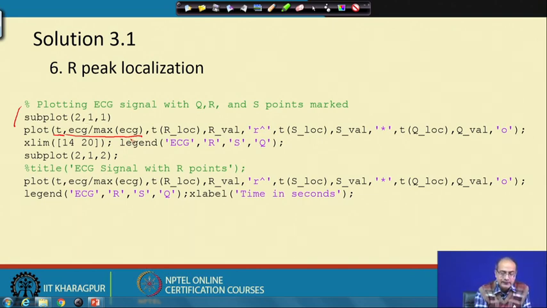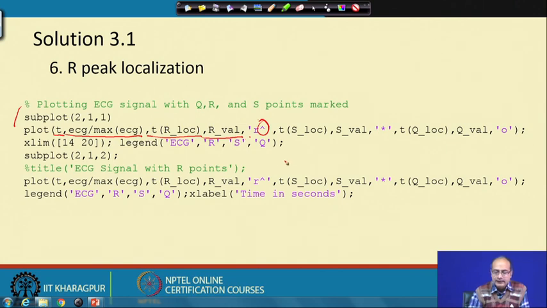Next, we show the points; R location will give those points or indices where the R point is there and the corresponding value is given here, R value. So, we get the x and the y coordinate of the R point, and that is marked with a symbol hat here, and R stands for red.